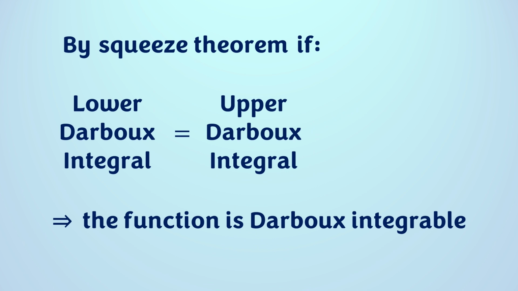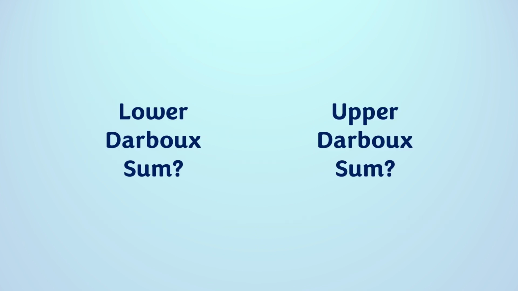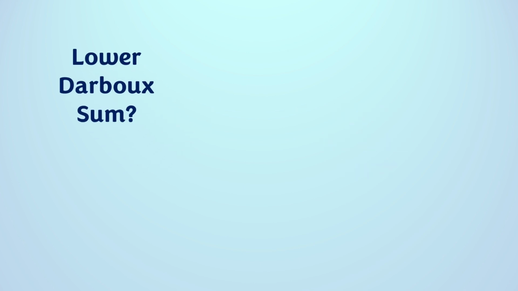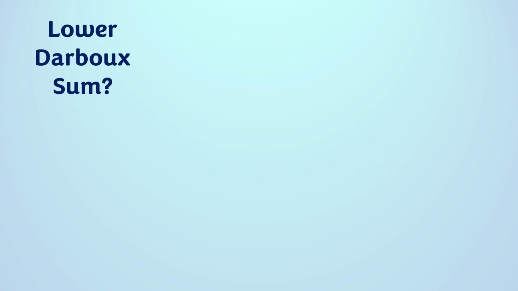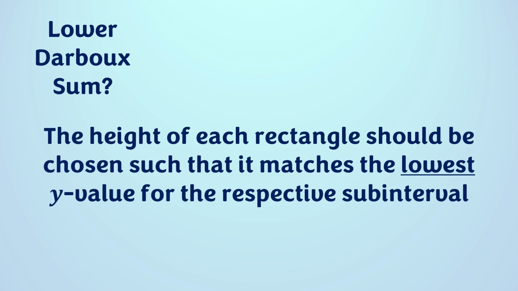But then how do we actually carry out some of these calculations? How do we find a lower Darboux sum or an upper Darboux sum in the first place? Well, focusing on the lower Darboux sum first of all, it can ultimately just be calculated using rectangles once again. All you've got to do for the lower Darboux sum is ensure the height of each rectangle is chosen in a way so it means the y value that calculates it matches the lowest y value for the respective subinterval of that function.